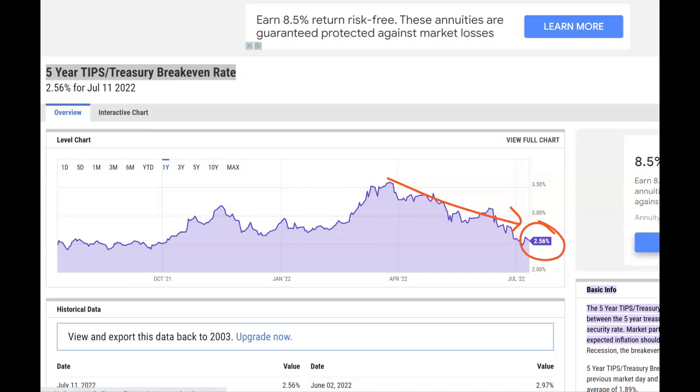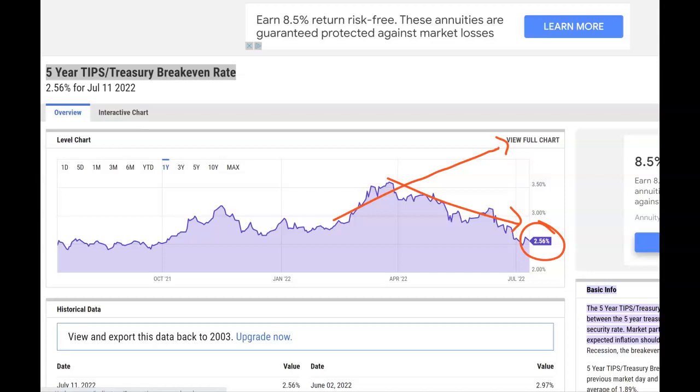Which means the financial markets don't expect inflation to stay at this level, at least within the next 5 years. Now, that's a long time, but it's showing you that if inflation expectations were entrenched, you would see this break-even chart continue to go up, up, up, and that would tell you that inflation expectations are entrenched.